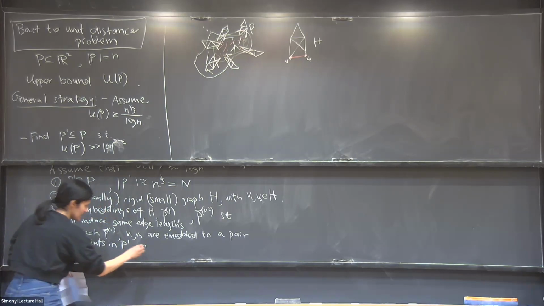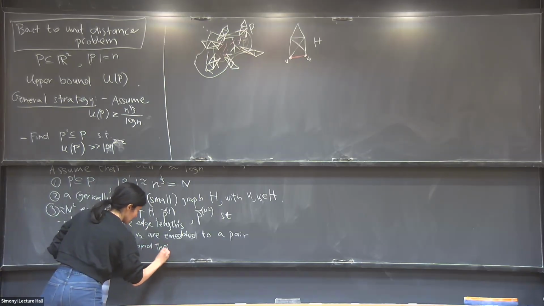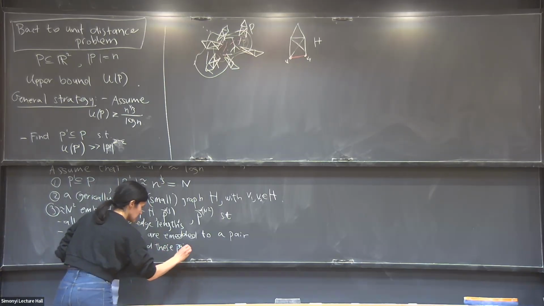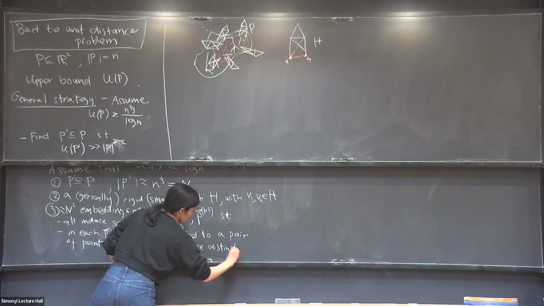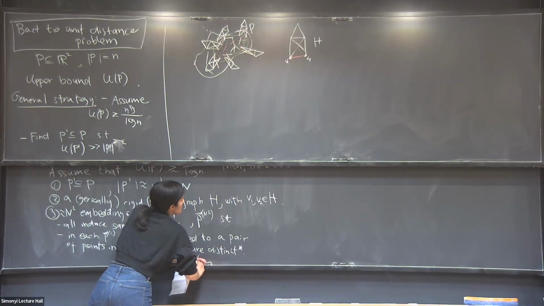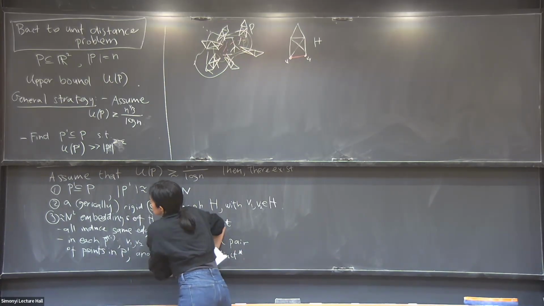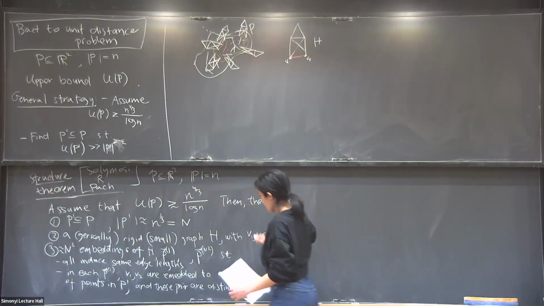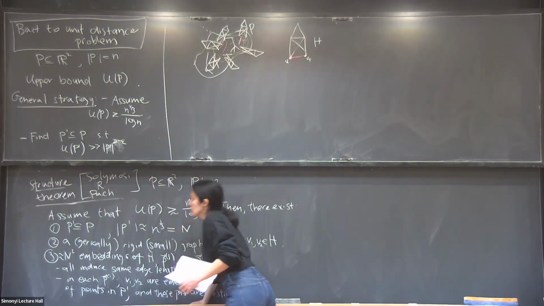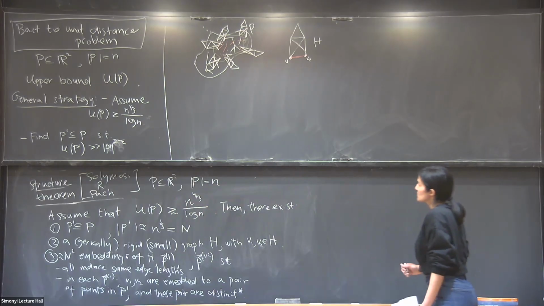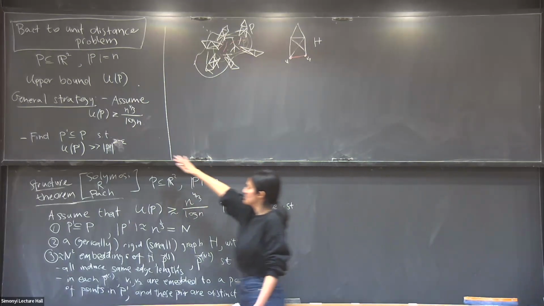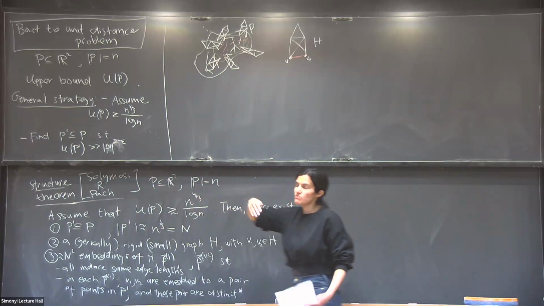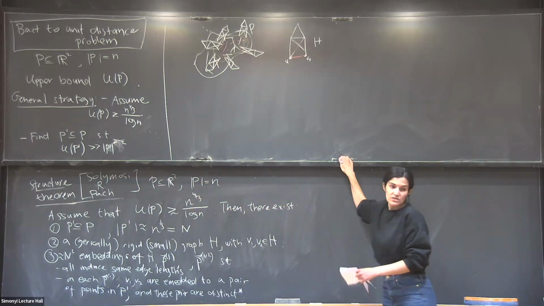I'm a bit lying here, but this is what we can prove. So this almost gives a contradiction, almost improves this bound by a log n factor. But what is the problem?